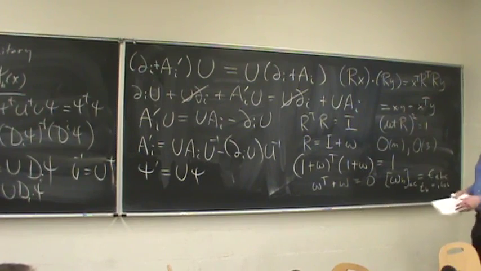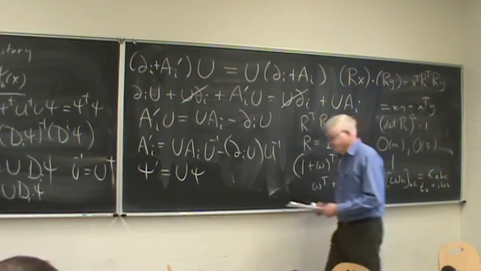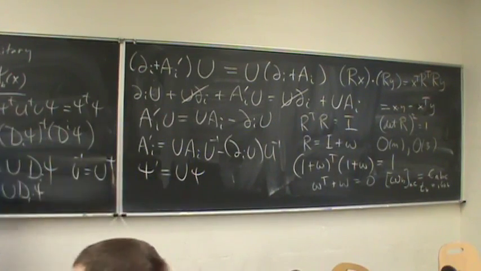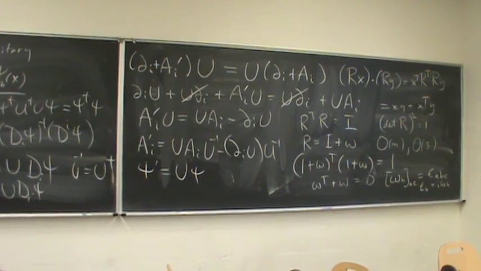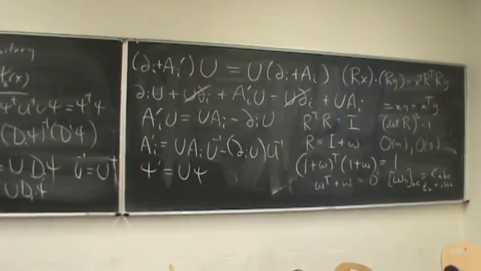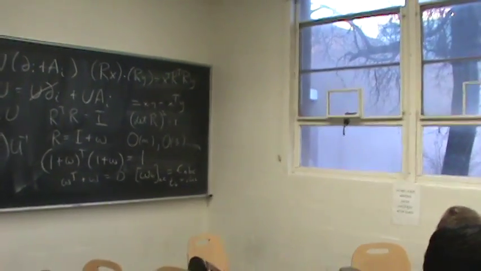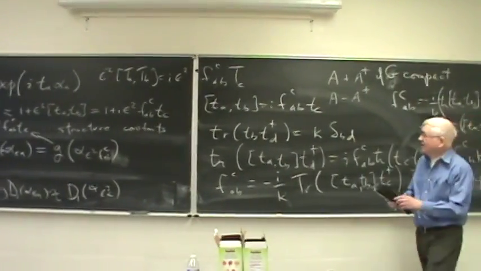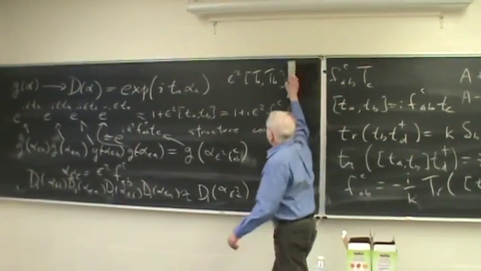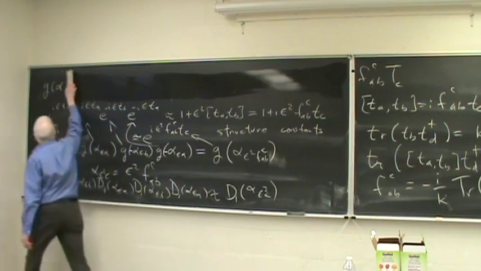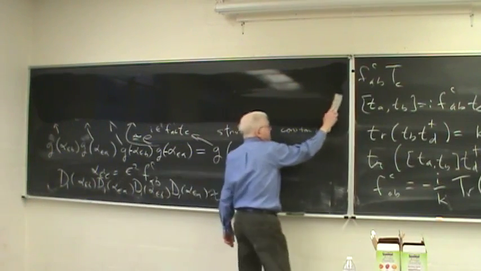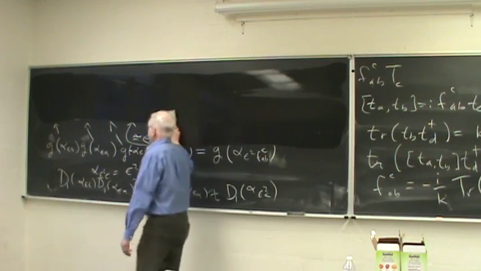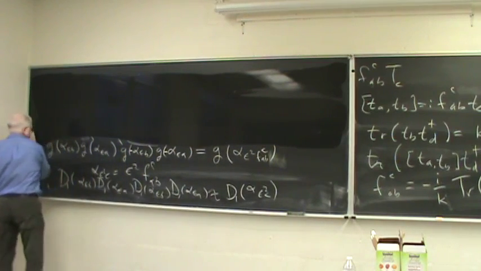And then we can, let me go around to the front here. Let me say that we can now compute the commutation relations, or compute the structure constants, I should say.